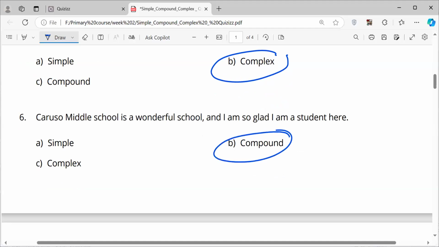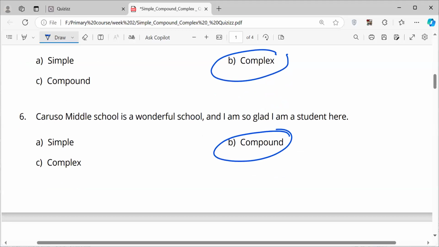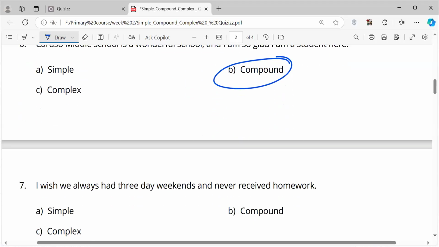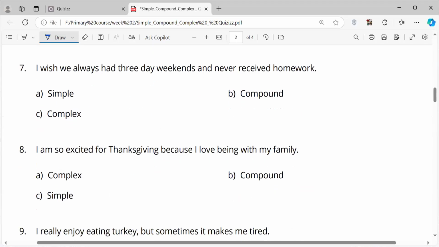Thank you, ya Hala. Abdurrahman. Yes, teacher. Next question: I wish we had 3 days weekend and never received homework. Compound. Okay. Where is the connective? Ah, yes, and. And we never received our homework.